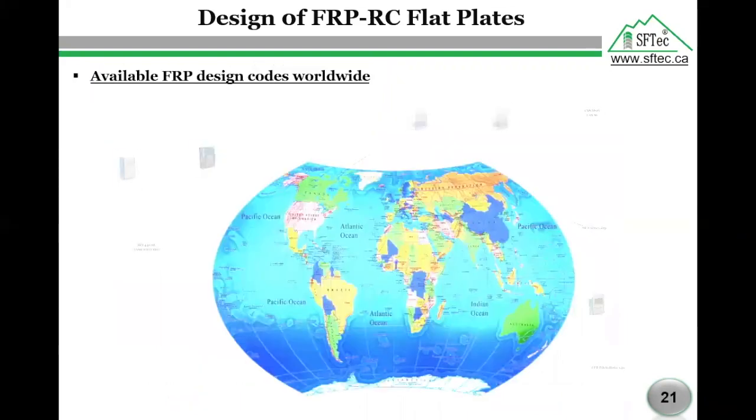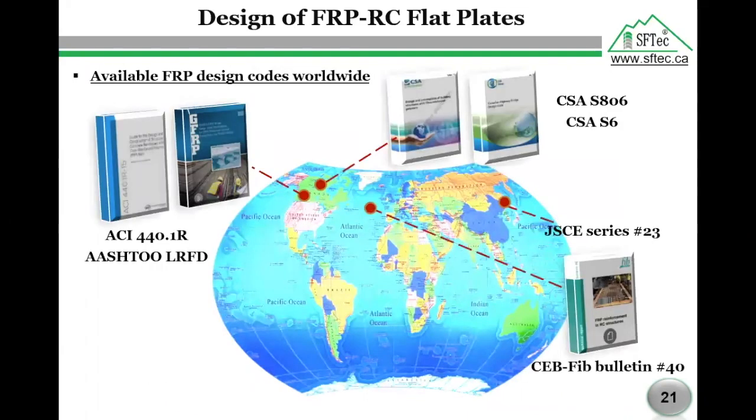Okay, so it is worth mentioning that several codes and guidelines are available around the world for design of a structural element reinforced with FRP bars. As we see here, we have two main codes in Canada and two main codes in the US.